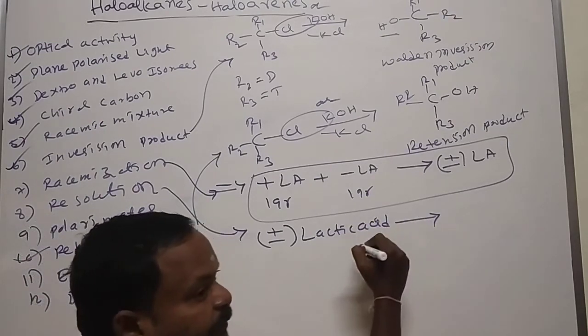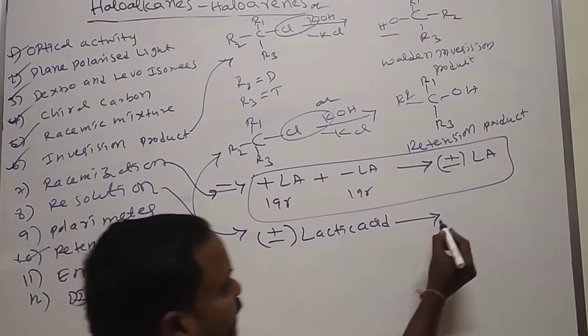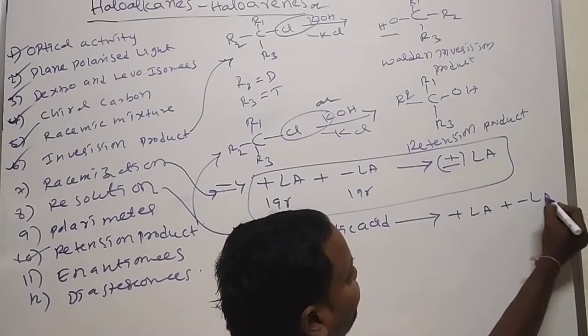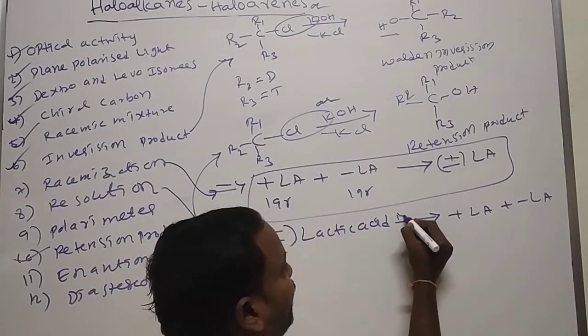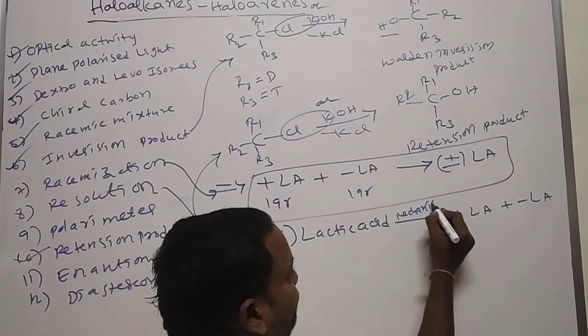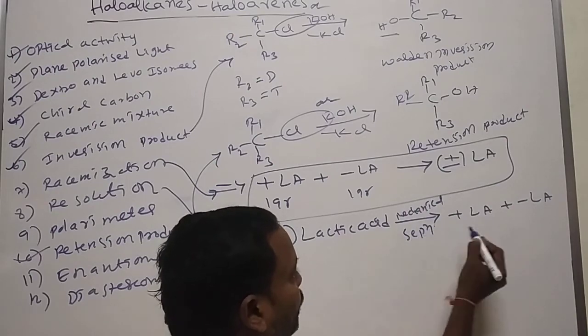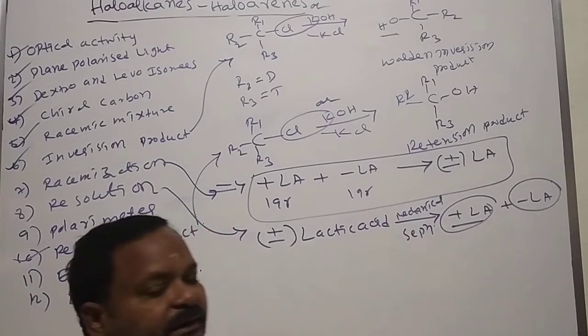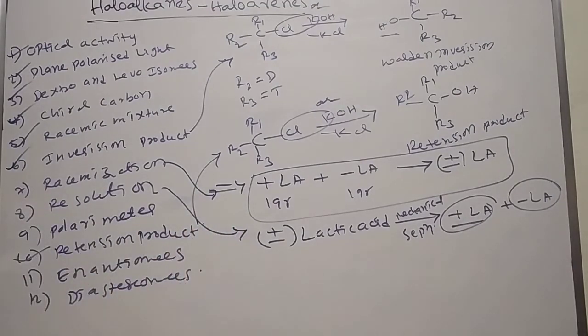This is the racemic mixture. Separation of the racemic mixture means obtaining plus lactic acid and minus lactic acid by using mechanical separation. The separation of a racemic mixture is called resolution.